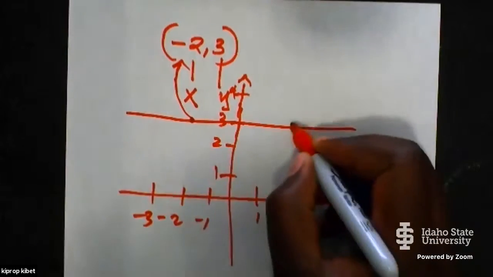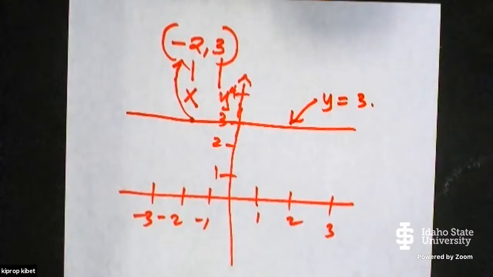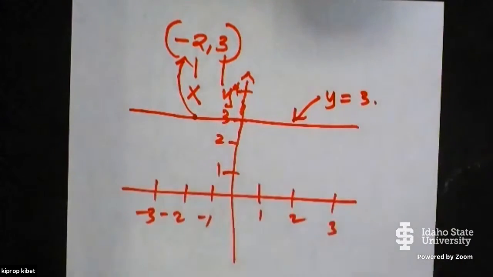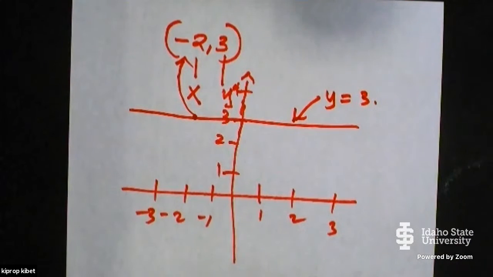Y equals to what? 3. So y equals 3, just like that. That is our equation of our horizontal line. Now, when it says the equation of a vertical line, what will be the equation of the vertical line?